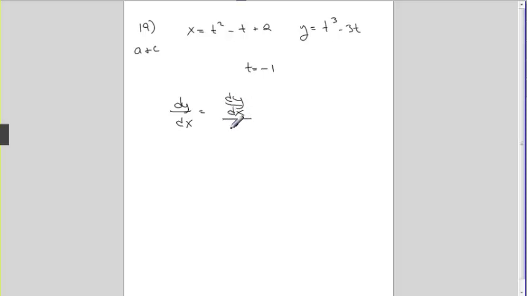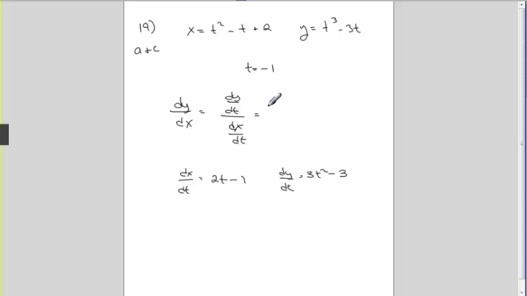So we get dy dt for the numerator, and we divide by dx dt. So let's calculate each one of those. Dx dt, so we take our equation for x, we take the derivative of the right-hand side with respect to t, and what we get is 2t minus 1. And dy dt is equal to 3t squared minus 3.